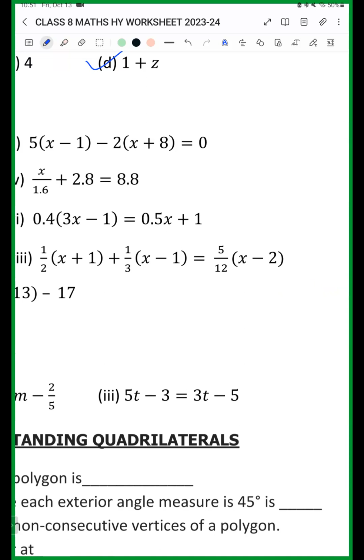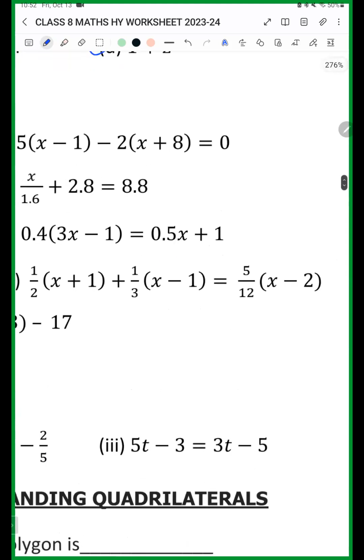We know that in an equation, if there's an equal to sign, there is something on the left hand side, something on the right hand side. We can multiply both of them with the same number. Both the sides of the equation we can multiply by the same number, or we can add the same number. So just multiply each term by 12.